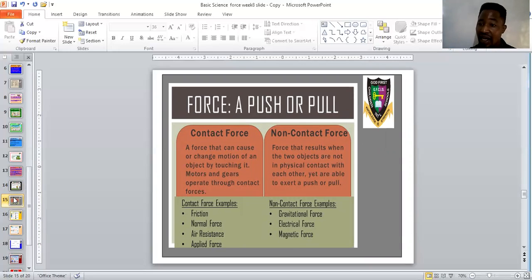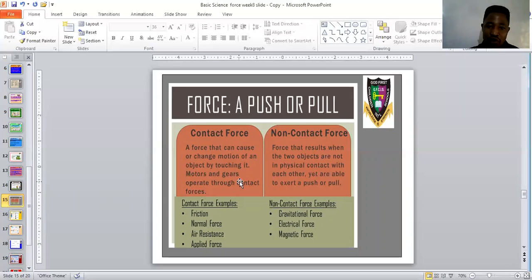I said earlier that a force is a pull or push effect acting on an object, which makes the object move from where it was to a new place, or can also stop the object from moving. Now, I also said that we have 2 types of force, which is contact force, a force that is applied on an object by coming in contact with that object.